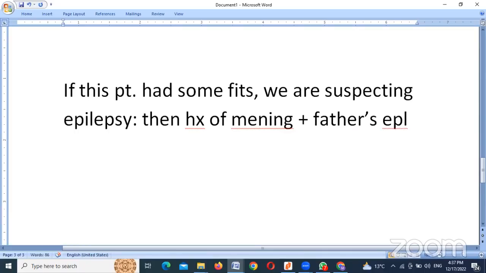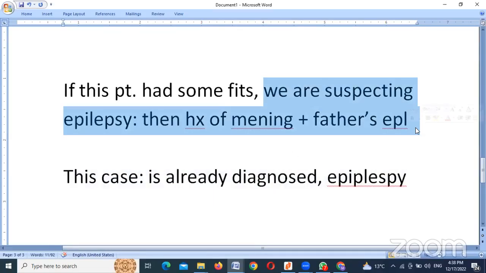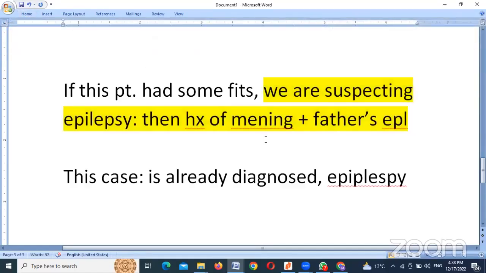But in this case the patient is already diagnosed, with EEG and the symptoms. So these are just risk factors. If this is a new patient for whom we don't know the diagnosis, or we are referring this patient for a definitive diagnosis, then we must mention this.